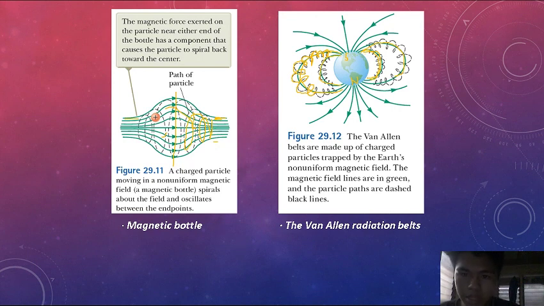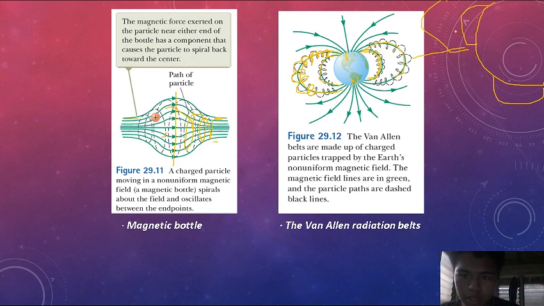Pero these particles originated mainly from the sun. So ito yung cosmic rays na nanggaling sa sun. So you can imagine na yung sun is dito, pero malayo lang. So meron ding magnetic field yung sun, and napupunta siya dito sa Earth.